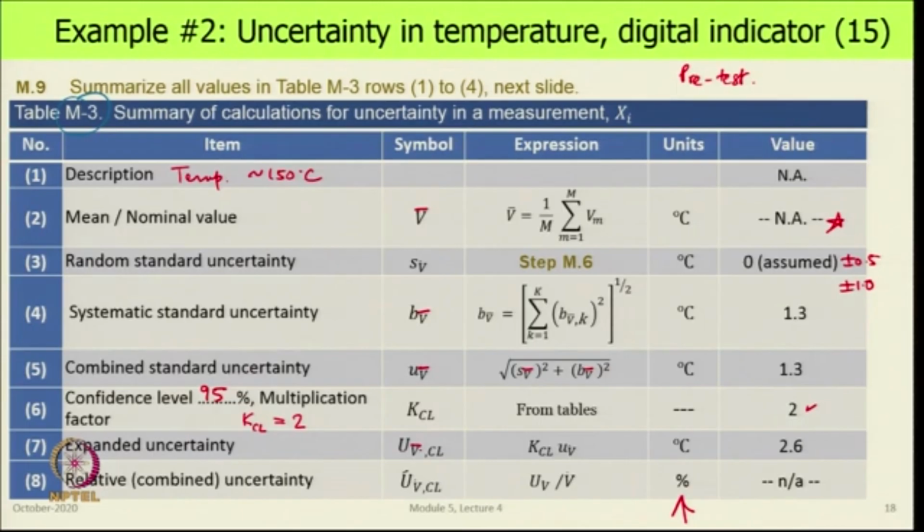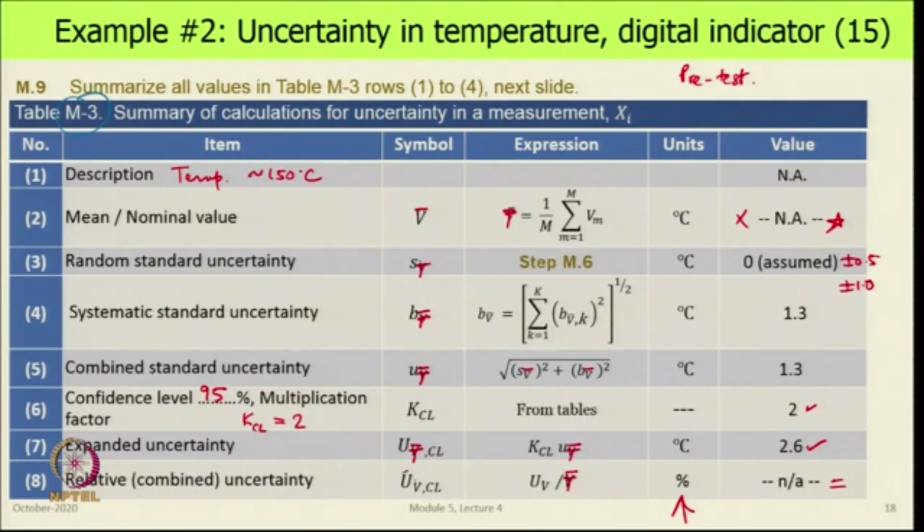Expanded uncertainty in temperature, this should all be T, sorry. This is UT bar, which becomes 1.3 into 2, 2.6 degrees Celsius. So, this is also T. And finally, relative uncertainty we cannot compute simply because we do not have the mean value over here. So, this was not there. So, this is not applicable.